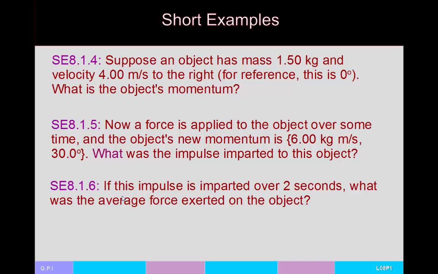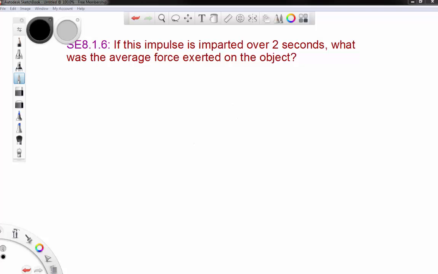All right. Next example, suppose the impulse that we found just above is imparted over the course of 2 seconds. What was the average force exerted on the object? So we have established that the impulse was 3.11 kilogram meters per second in the 105 degree direction.